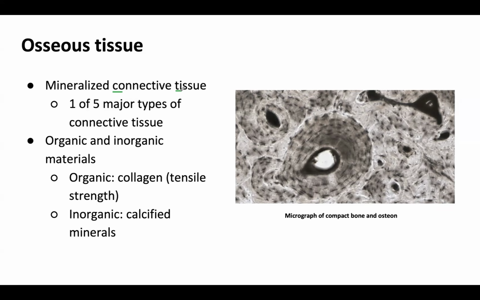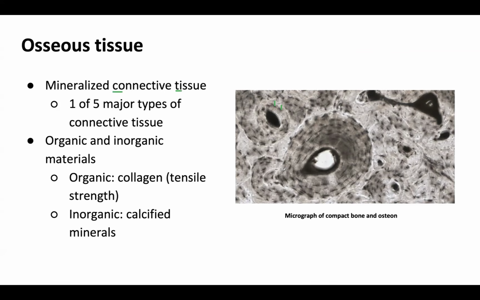And do you recall what makes connective tissue unique to other tissues in composition? Well, there are a few things, but connective tissues will have a large amount of extracellular matrix and widely dispersed cells. So these little black dots throughout here are cells, and everything else there is extracellular matrix.